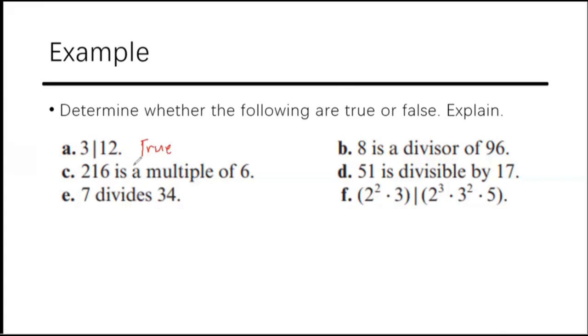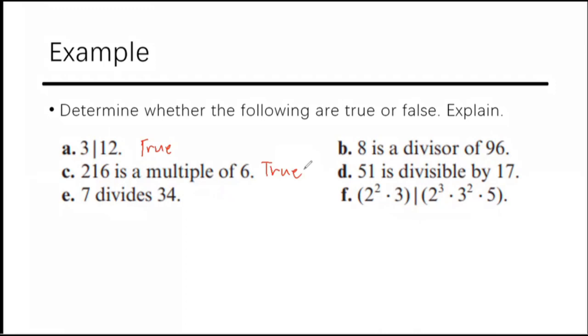How about 216 is a multiple of 6? Pag sinabing 216 multiple of 6, ibig sabihin, pag dinivide mo yung 216 by 6, dapat ang remainder niya ay 0. True. Kasi 216 divided by 6 is 36, exact at ang remainder niya ay 0. So it is true.